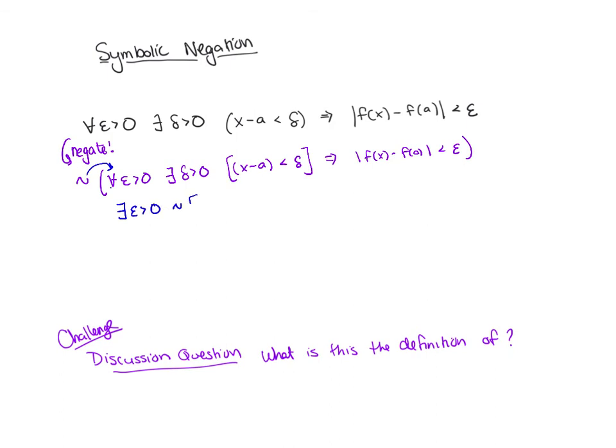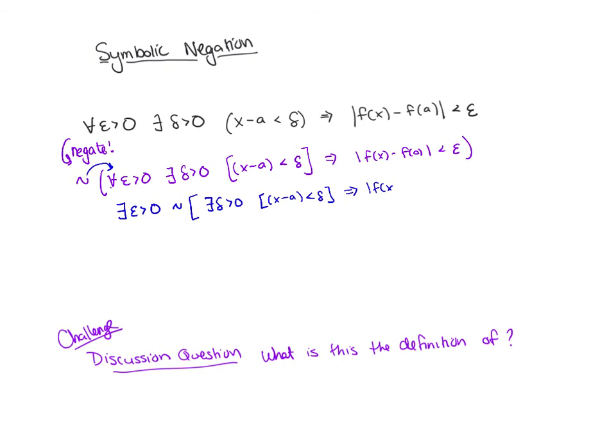And now I need to negate everything that comes after that. I'm just showing my steps here as we go. So I'm just rewriting everything else, and I still need to negate this in the next step. You're welcome to go through and do this as you go.